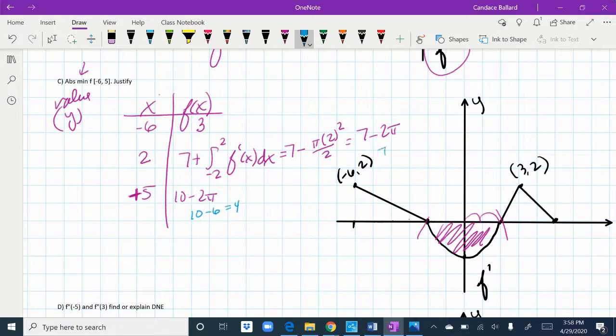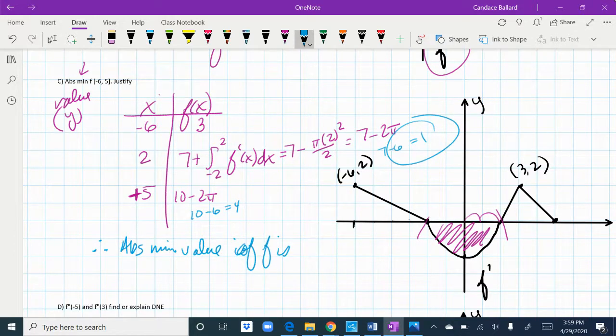And then this is 7 minus 6, which is 1. So obviously this one has to be the minimum because that one's smaller. So you want to say, therefore, the absolute minimum, if you want to use the word value, you can, of f is 7 minus 2 pi. Done.